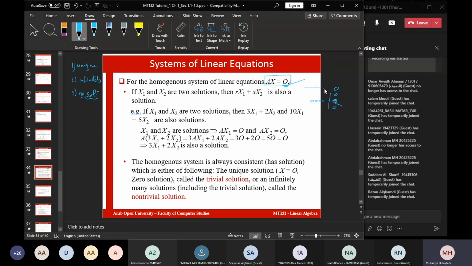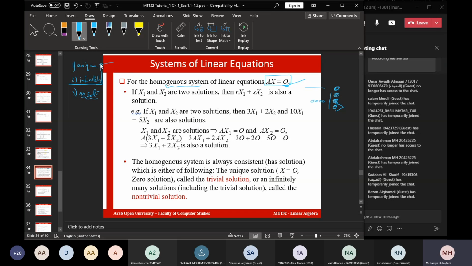If we multiply a row by a number, say 3 times 0, all the elements remain 0. If we add it to another row, also 0, correct? So all these numbers are always 0. That means when we have a homogeneous system, the system is always consistent, so either I will have a unique solution or infinitely many solutions. Clear?